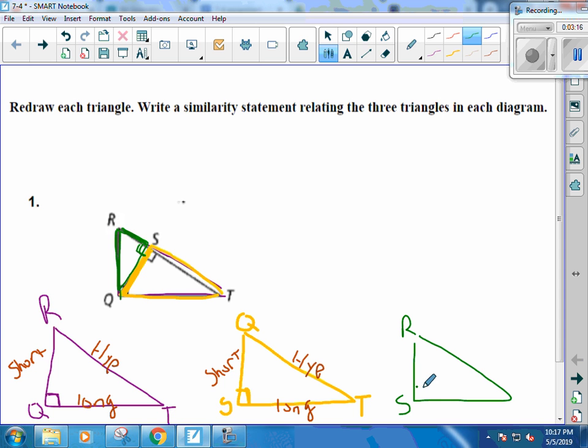And S is down here because, again, that's the right angle. That way all 3 right angles match up. So R, S, and then over here to Q. Again, I've got the short leg mapped out, the long leg, and the hypotenuse.